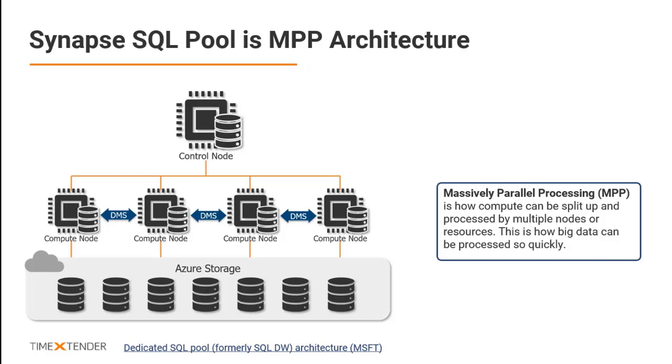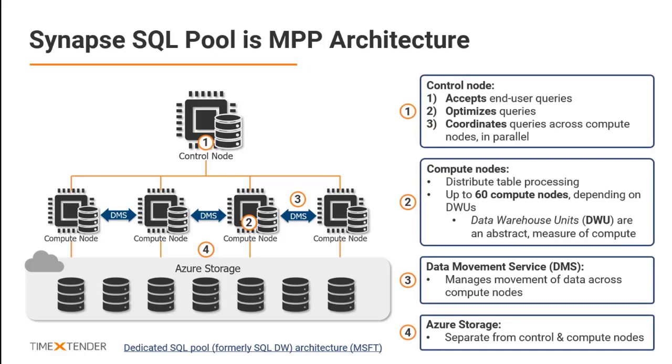You have to add processing power, you have to add RAM, you have to add hard drives to that single machine. Now, with this architecture, you can scale out, you can add additional what we call nodes, which are essentially smaller, separate machines that have their own computing power that can work together as a single entity, and you communicate to them through the control node. So let's talk about that.